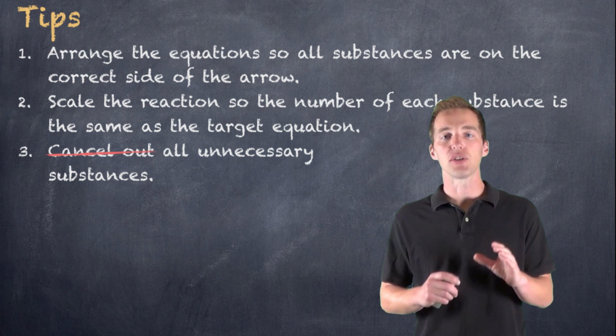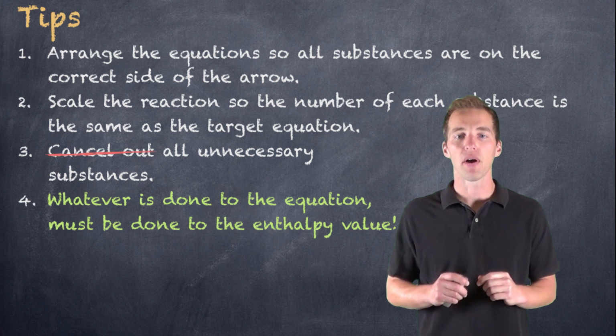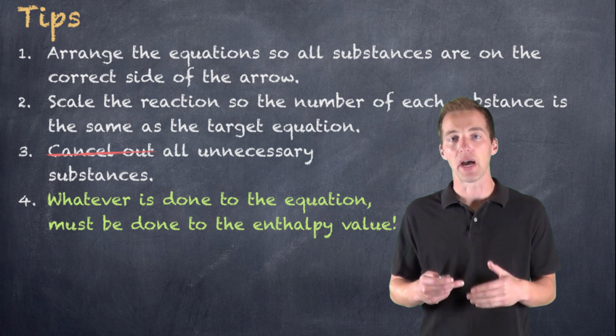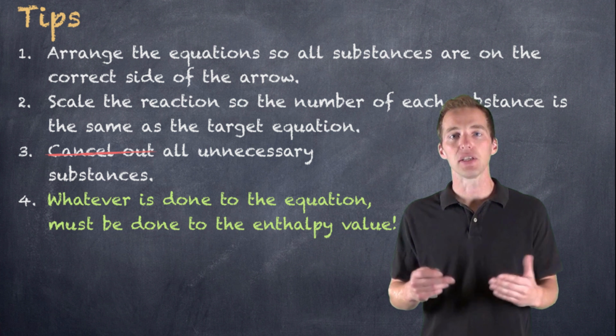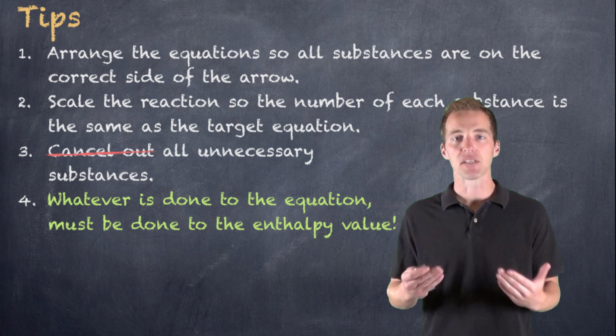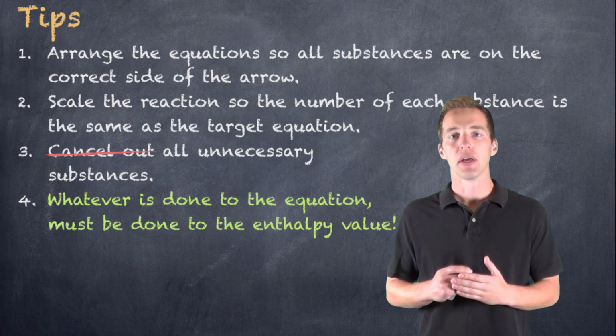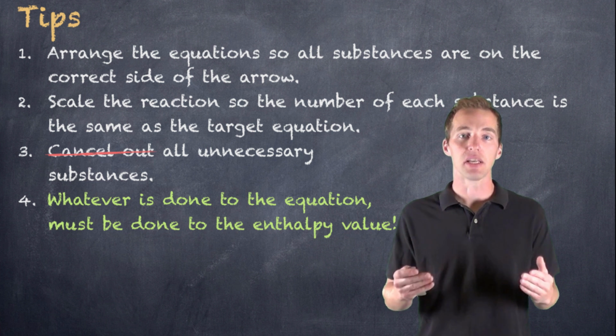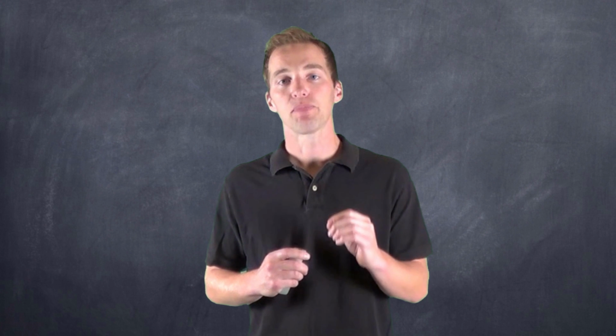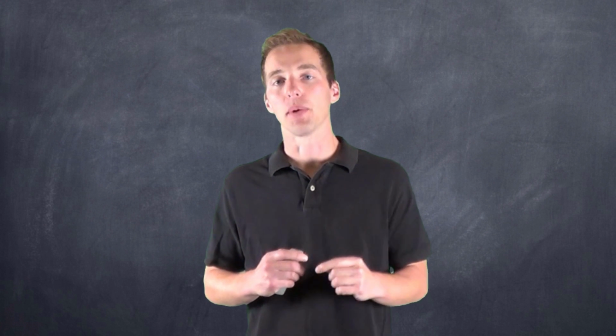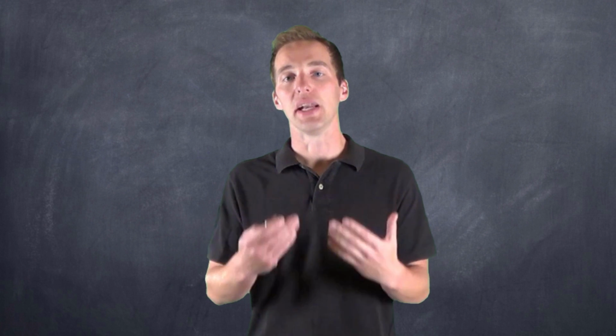And then whatever's done to any equations, and this is the most important part, must be done to the enthalpy value for that equation. Anything that you scale or invert must be done, and to the same magnitude, to the enthalpy change as anything else in that equation. And if you keep to these tips, you'll have no problem applying Hess's law to any sort of scenario.